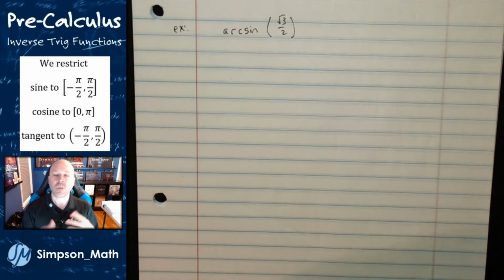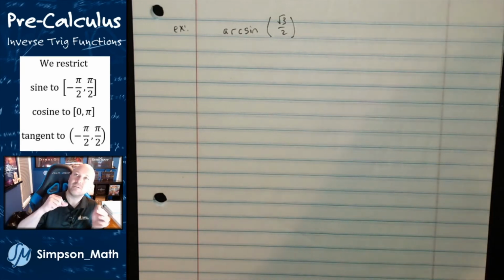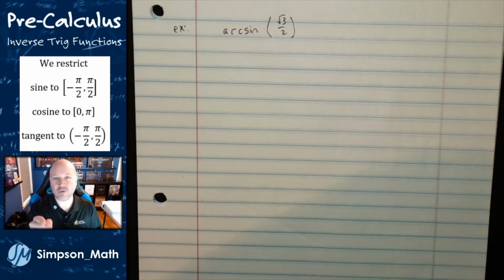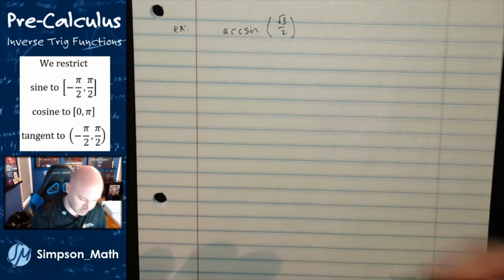Normally I would ask you, what is sine of pi/6, an angle? And you would tell me, oh, that's 1/2. Well, this time it's reverse. I'm giving you the ratio. That root 3/2 should look very familiar to you. And this is asking, what angle would give me that root 3/2?